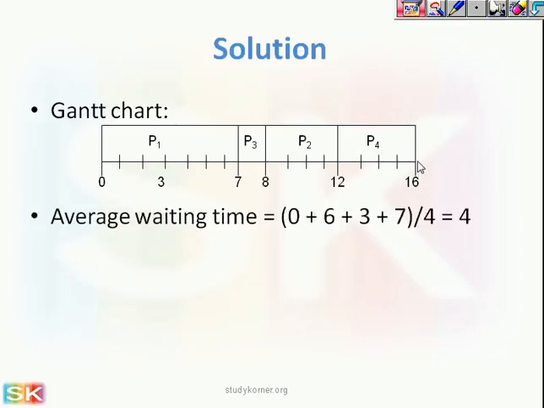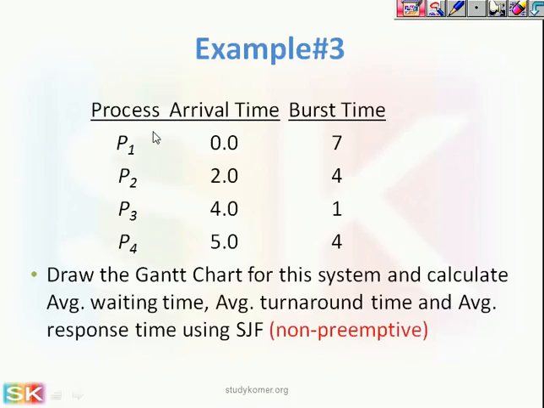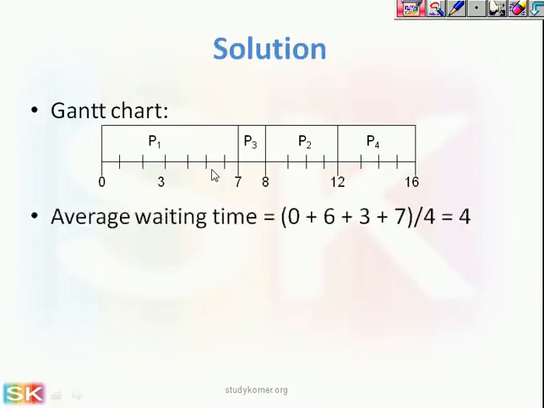So average waiting time is equal to the waiting time of process P1, that is 0, arrived at 0 and got the CPU at time 0, plus the waiting time of P2. P2 arrived at 2 seconds and it got the CPU at 8 seconds, so it has waited from 2 to 8, that is 6 seconds, right?